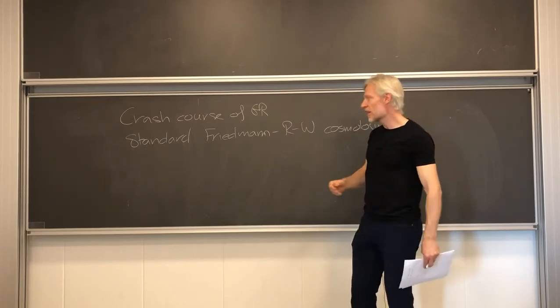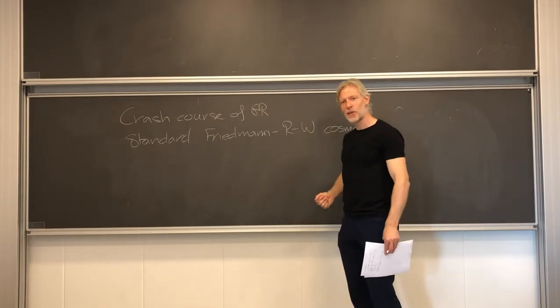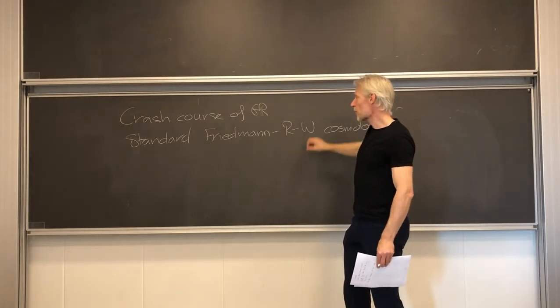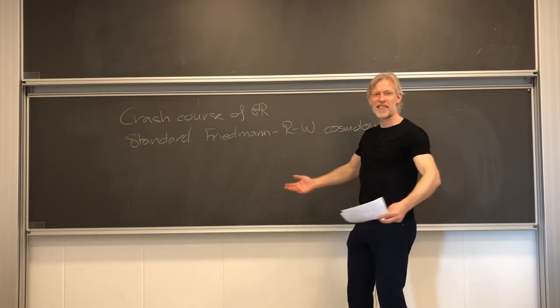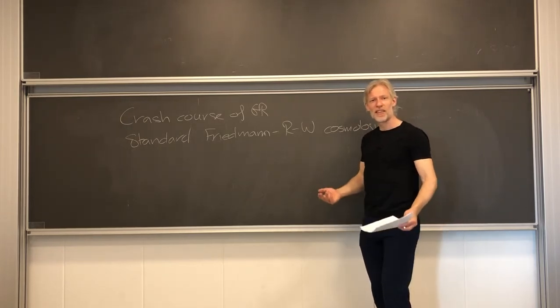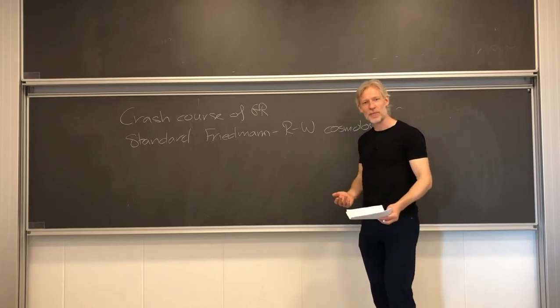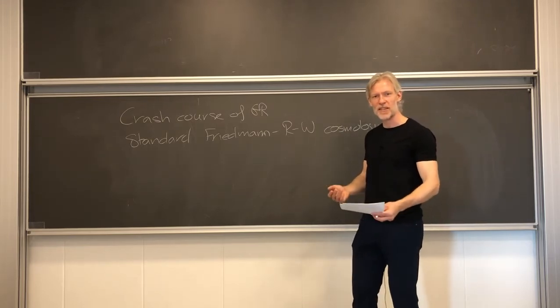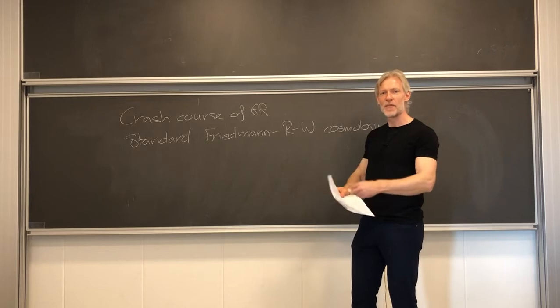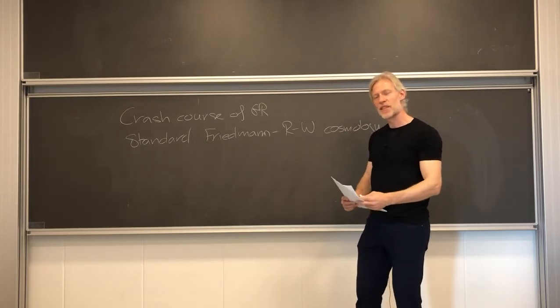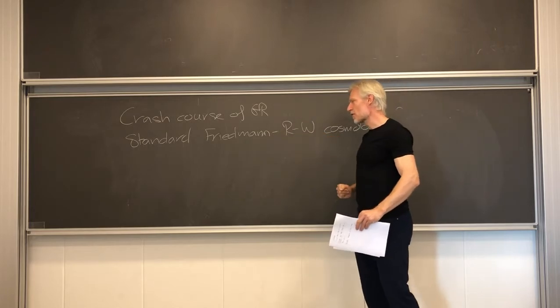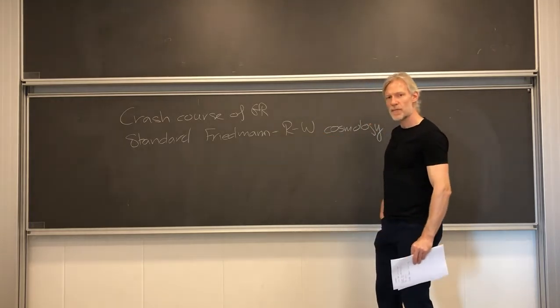Once we have those, then we're essentially good to go. Then we can look at standard Friedmann-Robertson-Walker cosmology. That's the normal homogeneous and isotropic cosmology, where the cosmological principle applies. Everything looks the same in all places. The universe expands. That can be described in relatively simple terms using this formalism.